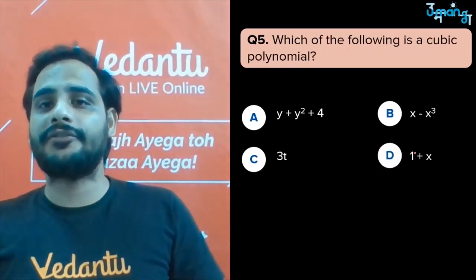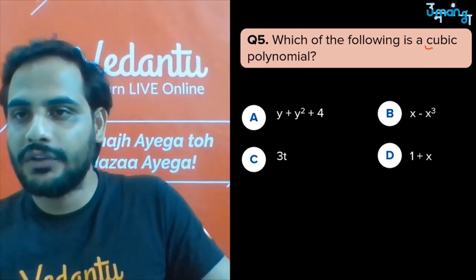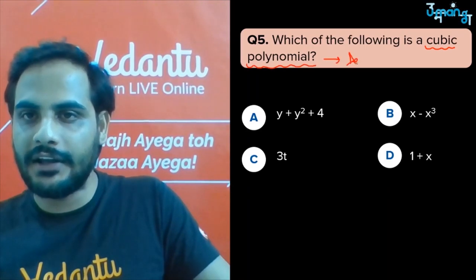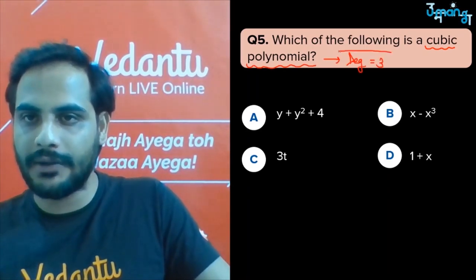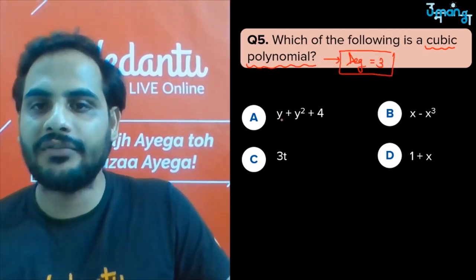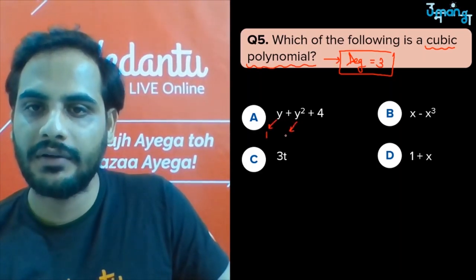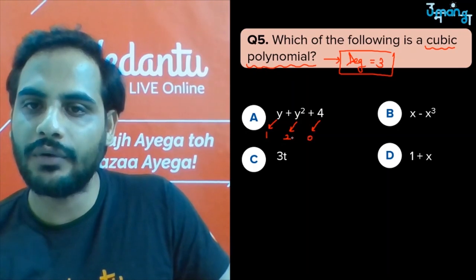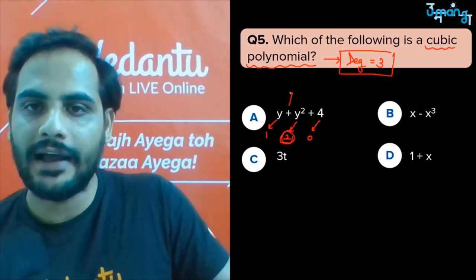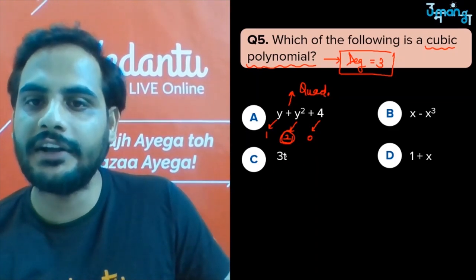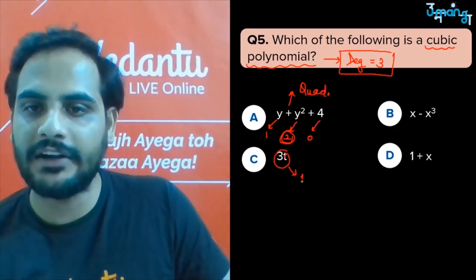Which of the following is a cubic polynomial? Now for cubic polynomial beta, we know very clearly that degree should be equal to 3. First example is y plus y square plus 4. So power of the variable 1, 2 and 0. So highest power is 2. I can say it is a quadratic polynomial. 3t, highest power is 1, t raised to the power 1.